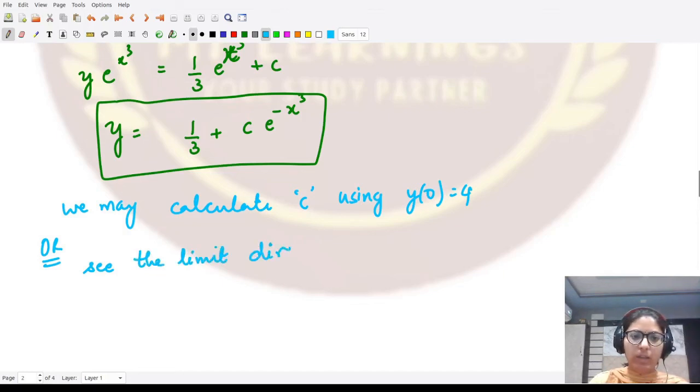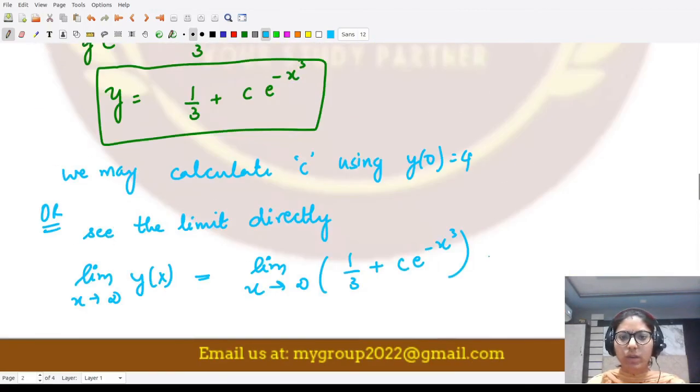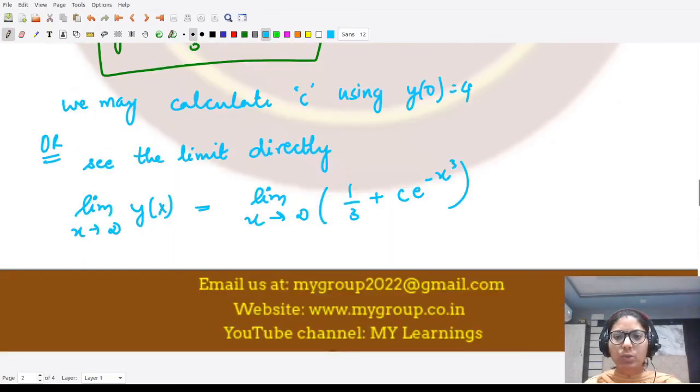We want to see the limit as x tends to infinity of y of x. That means we are looking at the limit as x goes to infinity of 1 by 3 plus c e to the power minus x cube. If we substitute infinity here, we have e to the power minus infinity, that is 1 by infinity, which is equal to 0.